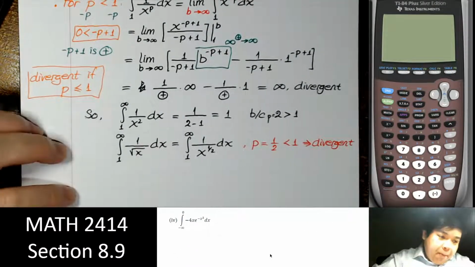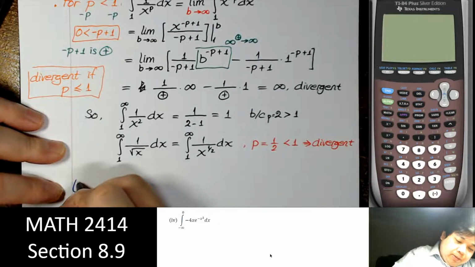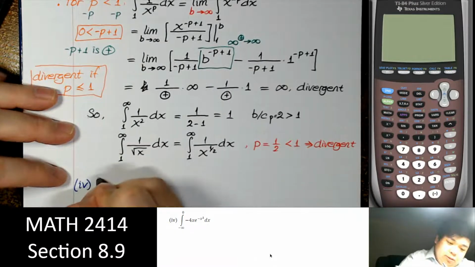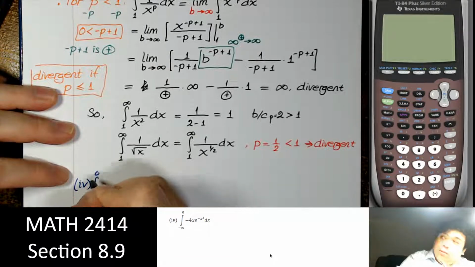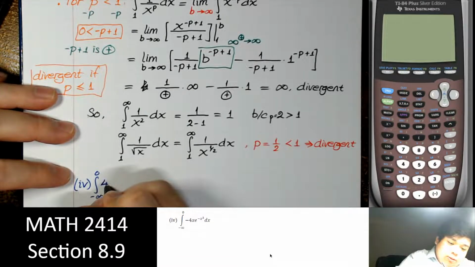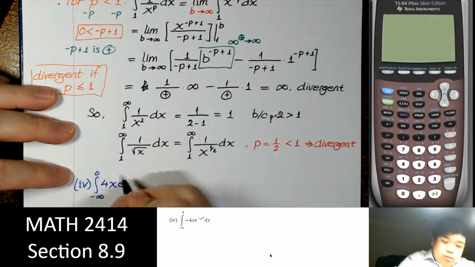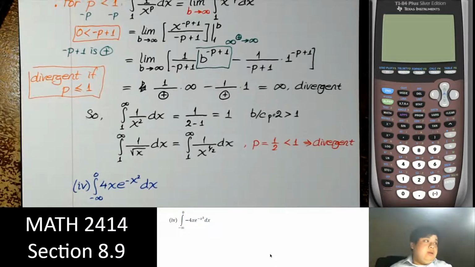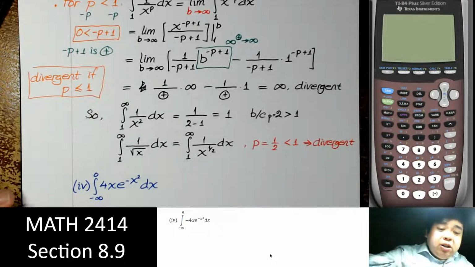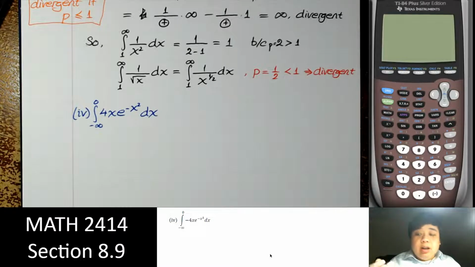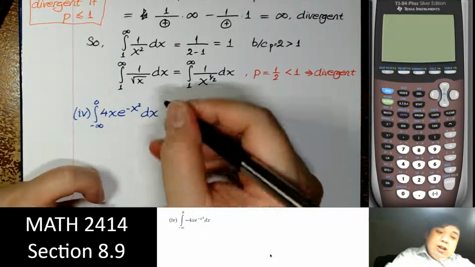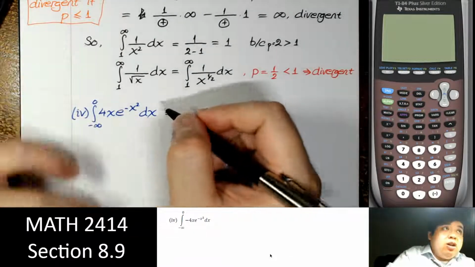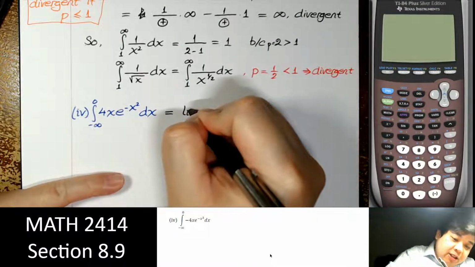More examples. Example 4. Before we do anything, the first thing when we see infinity on the limit of the integral, we have to change that.